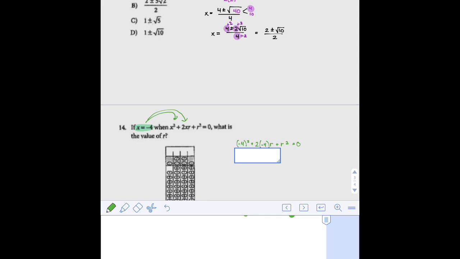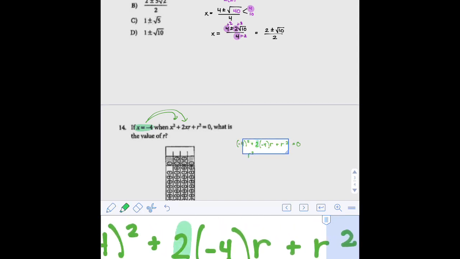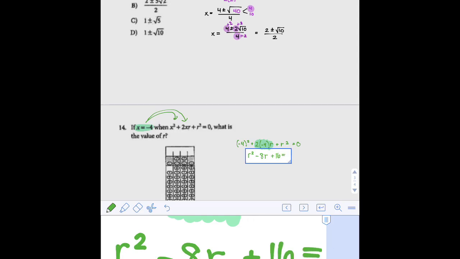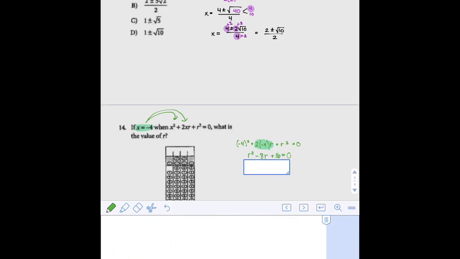I'm going to go ahead and multiply, but I'm also going to put it in standard form. So I'm going to put r squared first. That middle term will end up being over here. This will be negative 8r. And then the last term will end up being the positive 16.